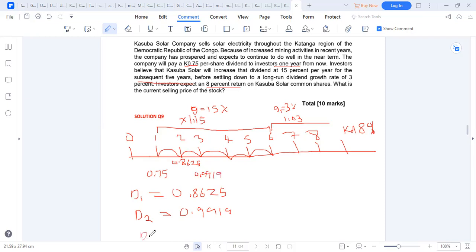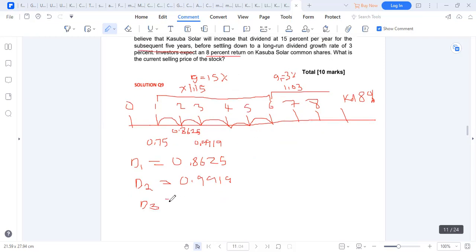For D3, we're just multiplying times 1.15. We get 1.1407.